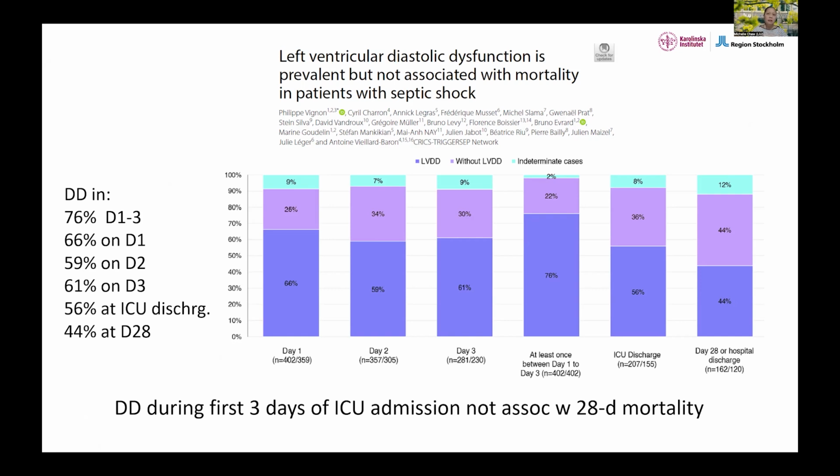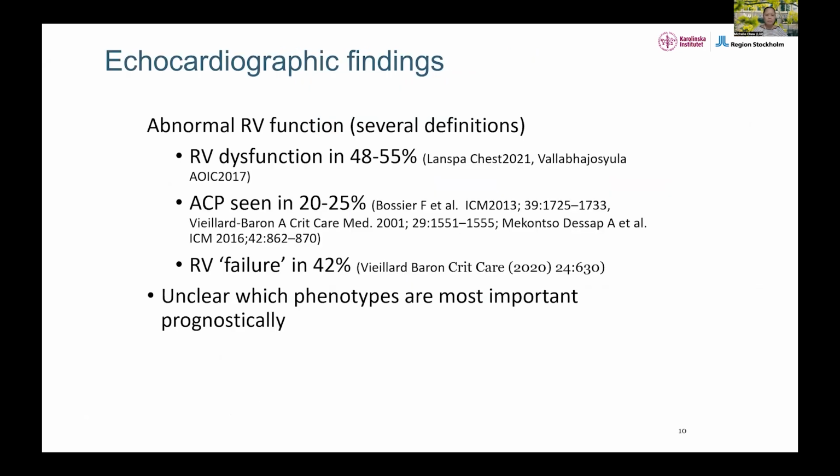So is diastolic dysfunction a longer-term feature of sepsis-induced myocardial dysfunction, or is this a feature of pre-existing cardiovascular disease? And this is perhaps one of the greatest limitations of most of the echocardiographic studies that we have seen within critical care, that they do not take previous cardiovascular diseases into account.